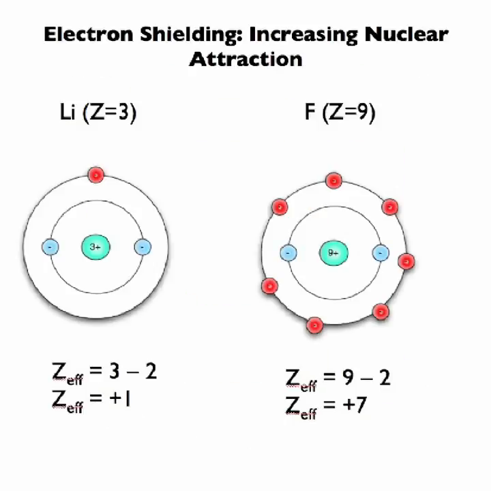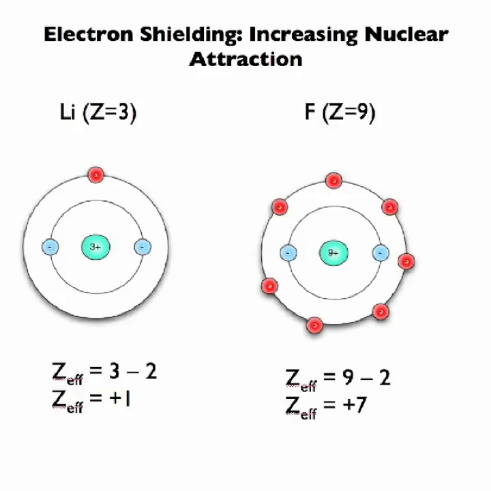Now we're going to go to increased nuclear attraction, or effective nuclear charge. Again, we have looked at the lithium atom, and it has an effective nuclear charge of plus 1. If we move further to the right in the periodic table on period 2, we will go to the fluorine atom.